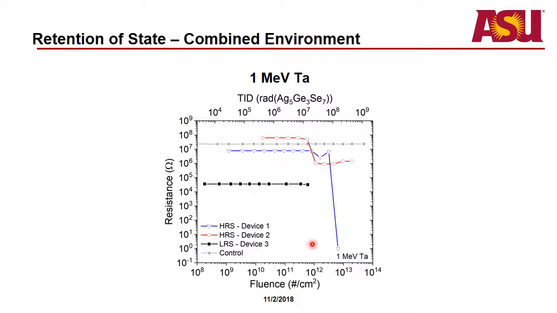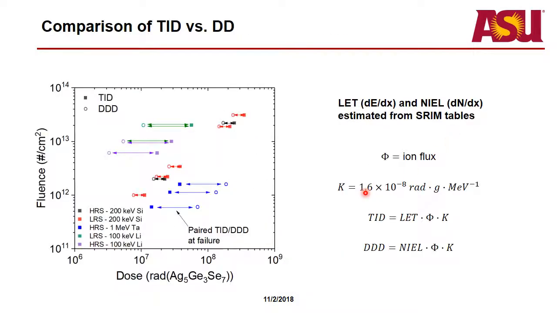But using the LET that we calculated with SRIM, you'll see on these top axes, also for the lithium and the silicon, I'm plotting the fluence value and then the TID equivalent at that fluence. For TID, again, this is just in terms of the LET. Taking the different LET and NEAL values, this is how we convert the units, which are actually MeV centimeter squared per gram, and we can convert those to TID, which is in terms of rads.